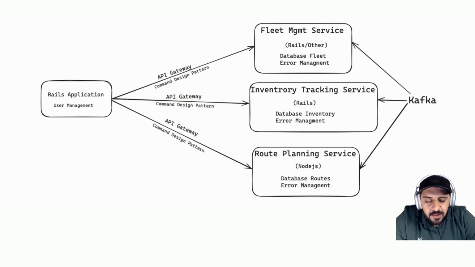Each service ended up being its own server, which was really lightweight and didn't have lots of business logic involved with other features or other entities that are interacting with it. For example, fleet management got separated out, and it was a really simple and sleek service, which helped them move fast enough when any issue arises from the fleet management side of things, as well as in the case of inventory tracking service and route planning service.